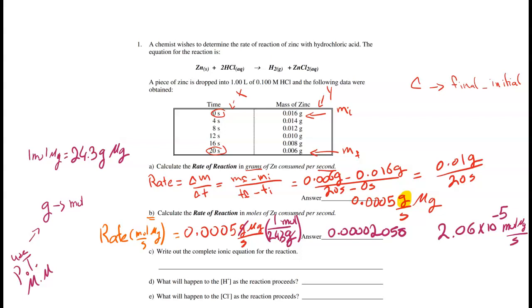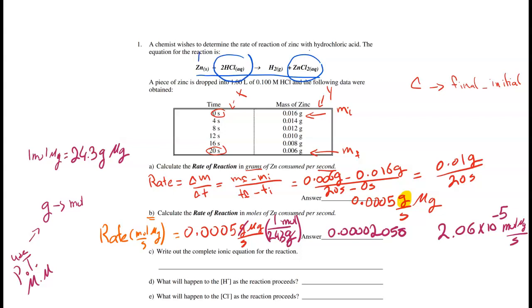The last thing, part C: write out the complete ionic equation of this reaction. So this is from solutions. We're looking at this reaction up on top. Okay, so the ones that we need to break into ions are the zinc chloride and the hydrochloric acid, HCl.